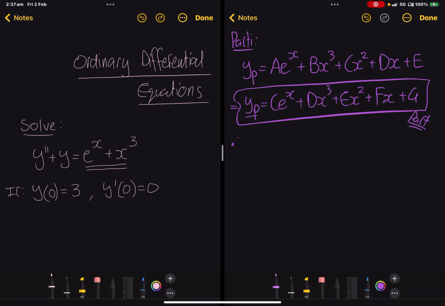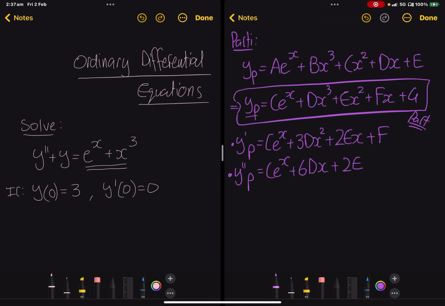We get y prime of particular is c e to the x plus 3dx squared plus 2ex plus f. And the second derivative, y double prime of particular, is c e to the x plus 6dx plus 2e.